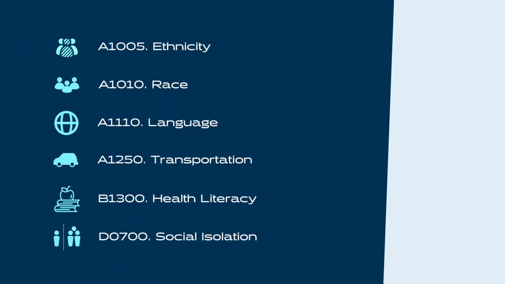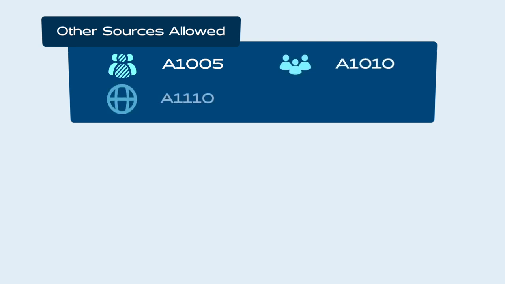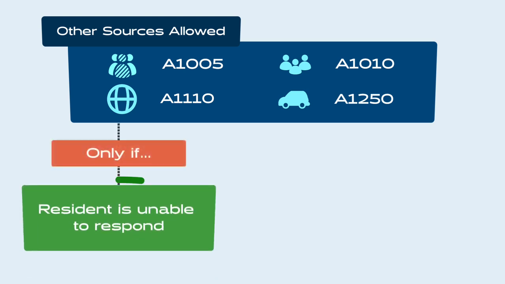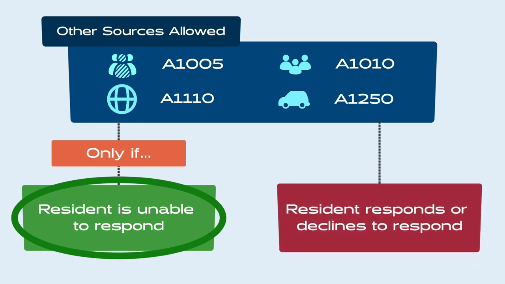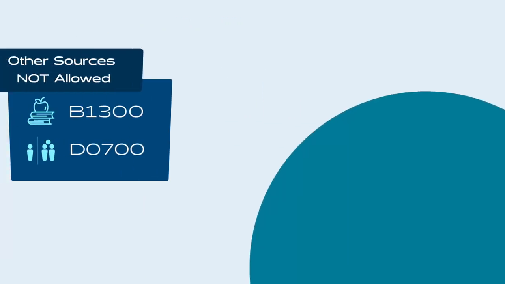the SDOH items. The assessor may use input from other individuals or sources to code A1005, ethnicity, A1010, race, A1110, language, and A1250, transportation, only in cases where the resident is unable to respond. If the resident responds or declines to respond, the assessor cannot use input from other sources to code these items.